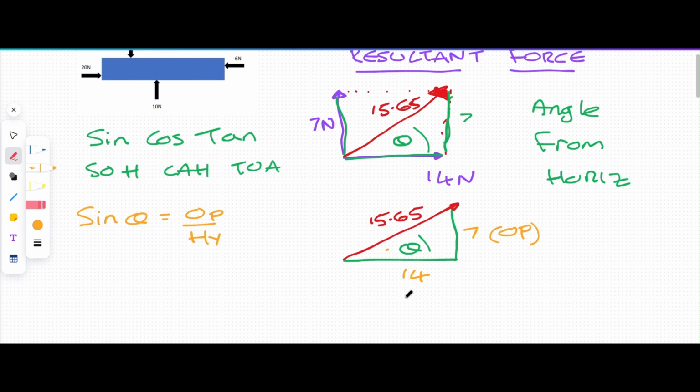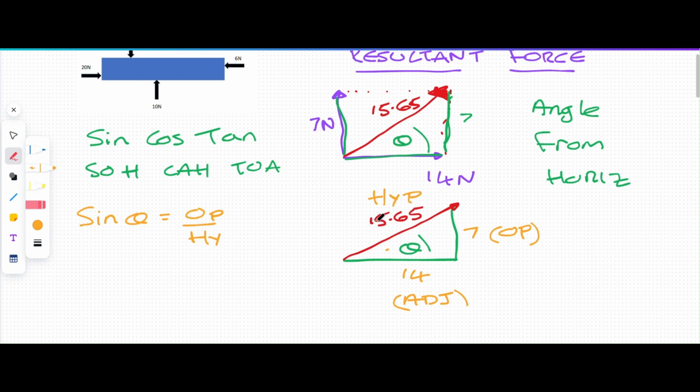And then the 14 is the adjacent because it's adjacent to the angle. So we've got opposite and adjacent, and this is the hypotenuse.